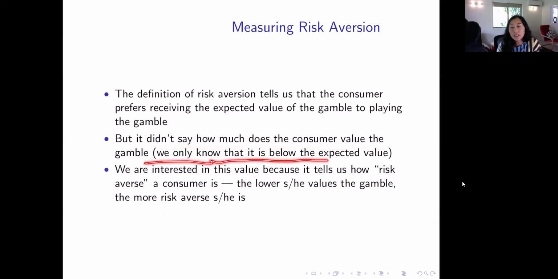We only know that it is below the expected value, right? We are interested in this value because it tells us how risk averse the consumer is. The lower that she values the gamble, the more risk averse she is. So the lower that she values the gamble, the more that she hates the risk.